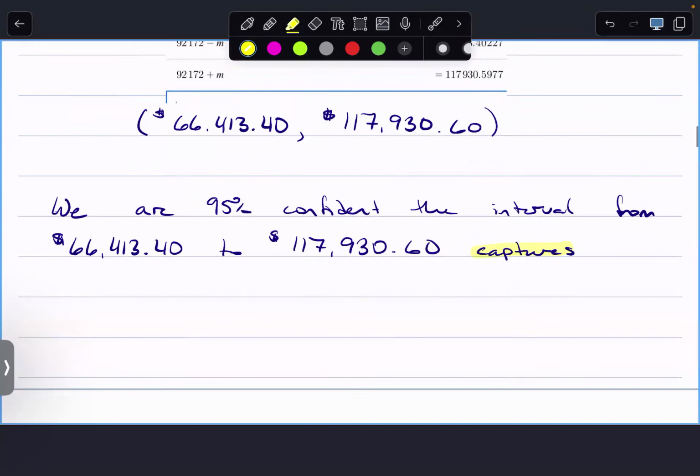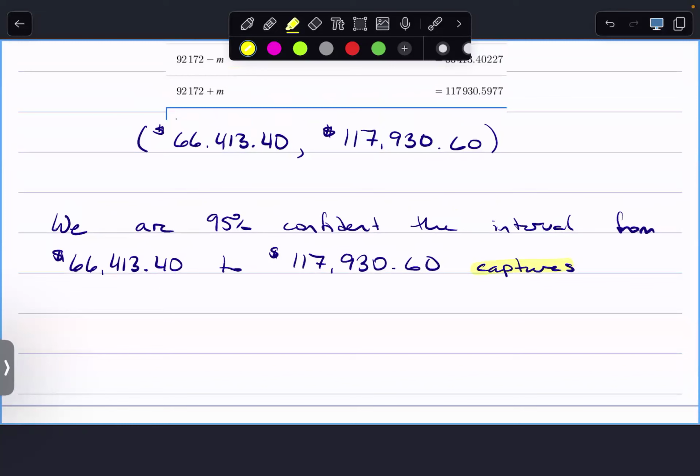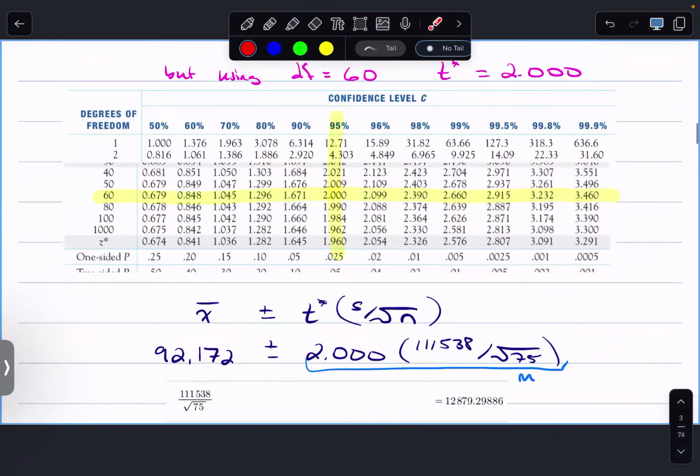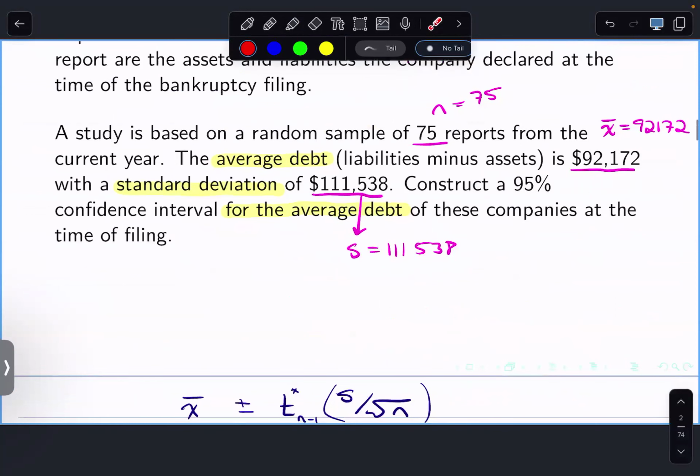And so here we don't have to think too much about it. Once you have your captures, then you can just reword the question as an answer. Sometimes they sound a little wonky, but we were asked to construct a 95% confidence interval for the average debt of these companies at the time of filing.